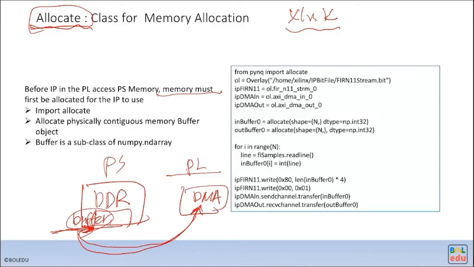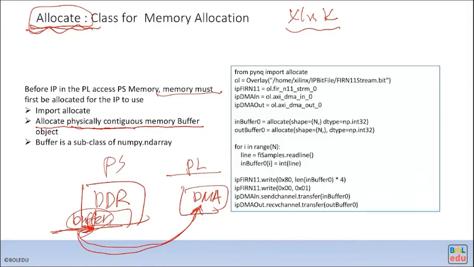This API does the memory allocation, so it makes sure it's a physically contiguous memory buffer object. It's quite important.